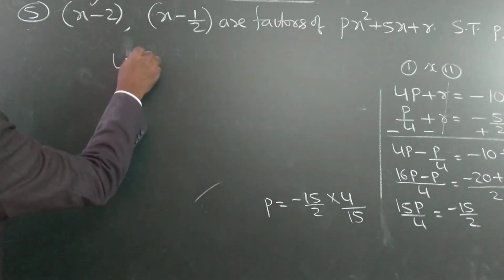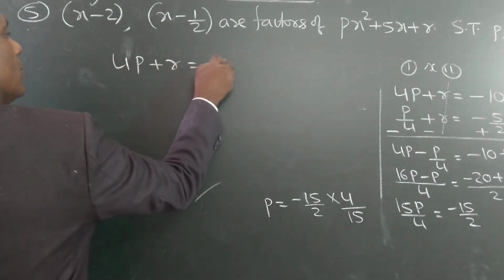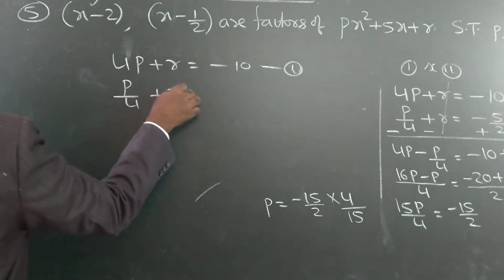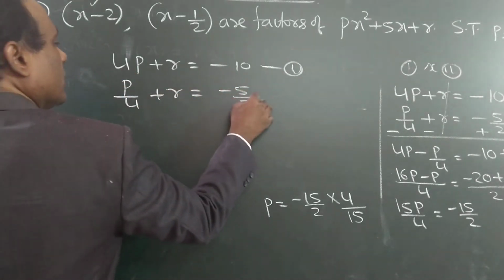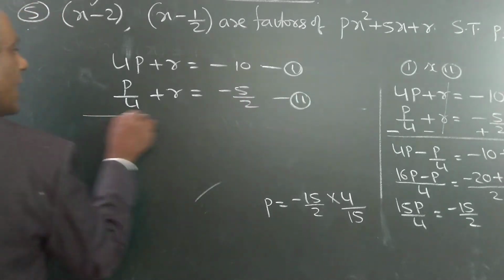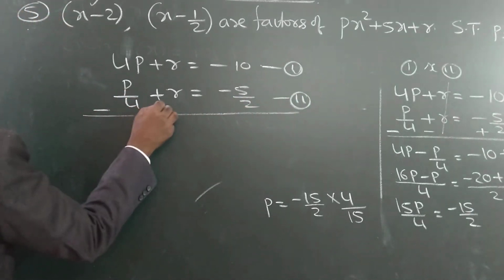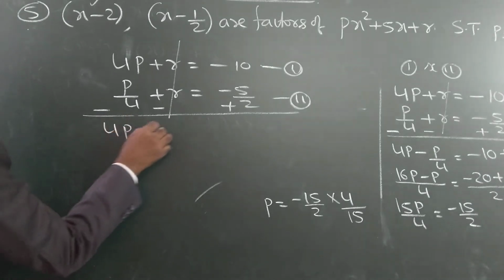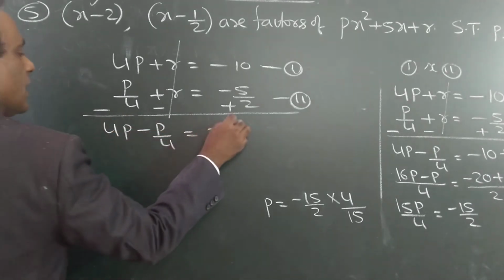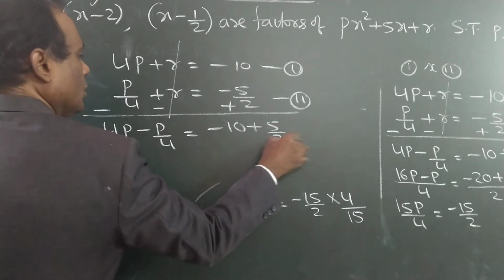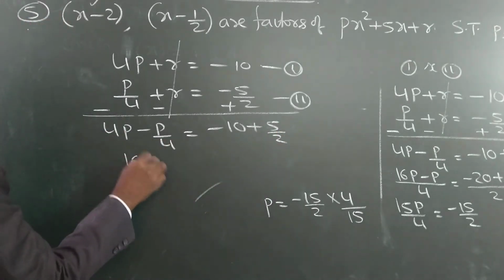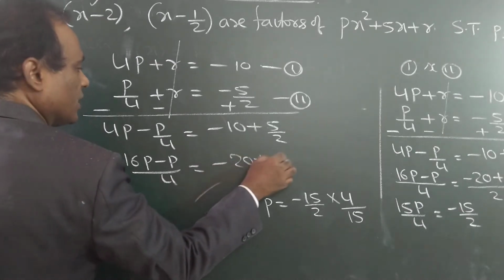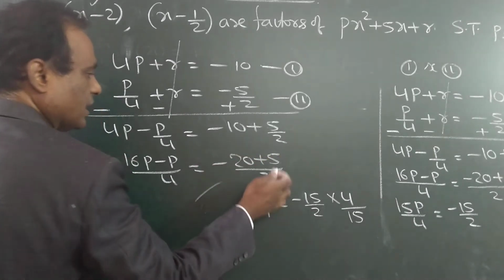The first equation is 4p plus r is equal to minus 10. The second equation is p by 4 plus r is equal to minus 5 by 2. I am subtracting, so this becomes minus, minus, plus. r minus r cancels. 4p minus p by 4 is equal to minus 10 plus 5 by 2. So 4 fours are 16, minus p by 4, taking the LCM: minus 20 plus 5 by 2, because the LCM is 2.